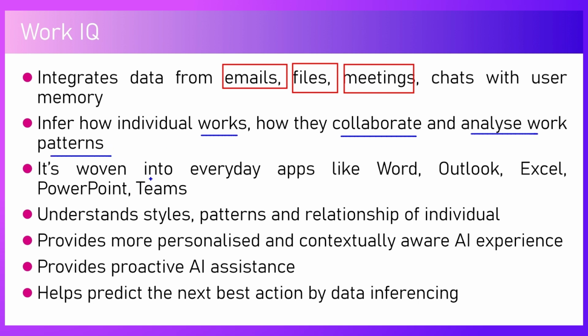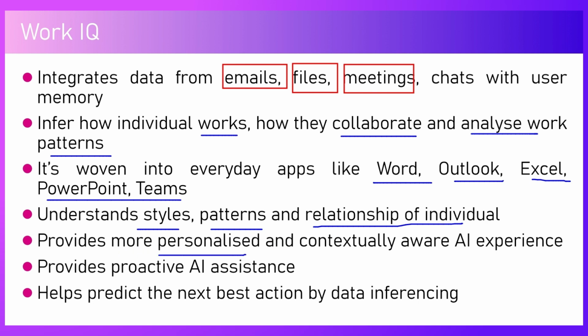It is woven into everyday apps like Word, Outlook, and Excel. So it is not only specific to one agent which you build using M365 Copilot, but is woven into everyday apps like Word, Outlook, Excel, PowerPoint, Teams, etc. It understands your style, patterns, and relationships.